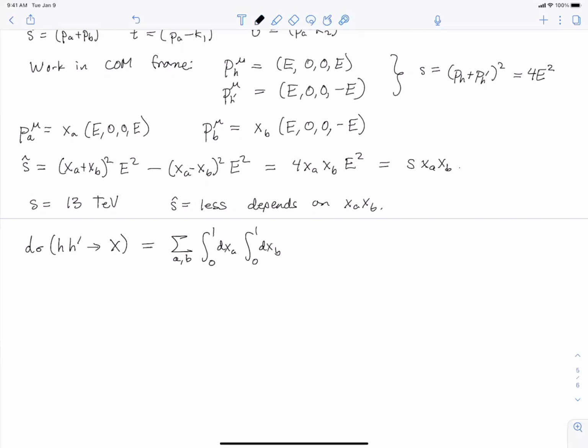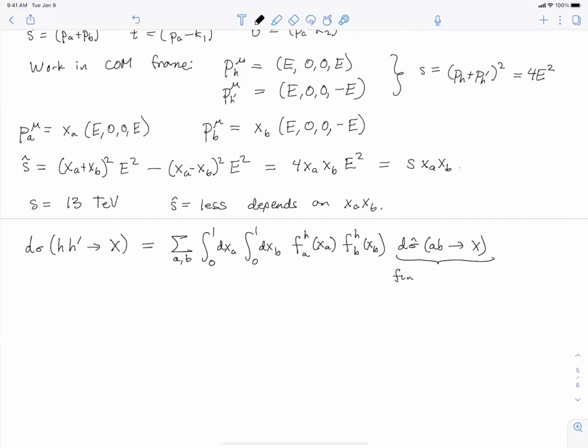And then for each one of those, I put in the probability that I actually had a parton with that momentum fraction. And then finally, I put in the differential cross-section for the hard scattering parton event. These are the things that we had for two different examples, but there are many other examples.